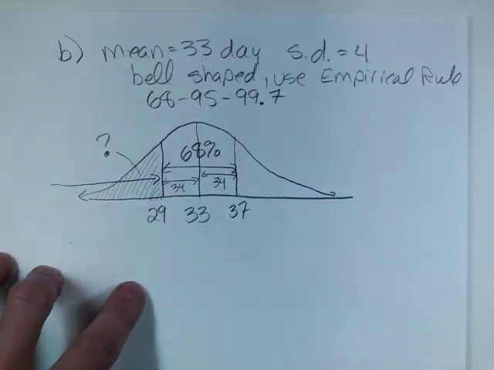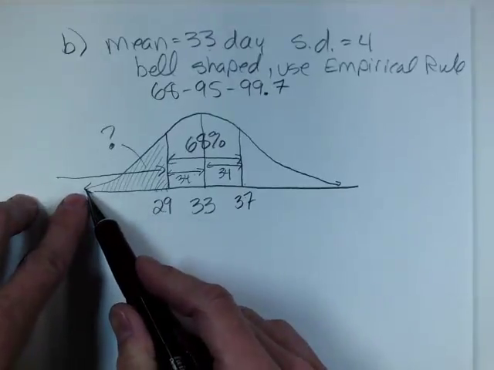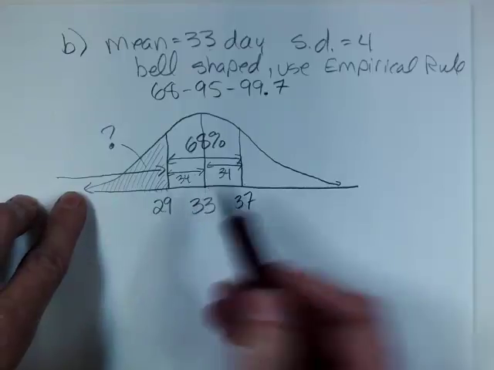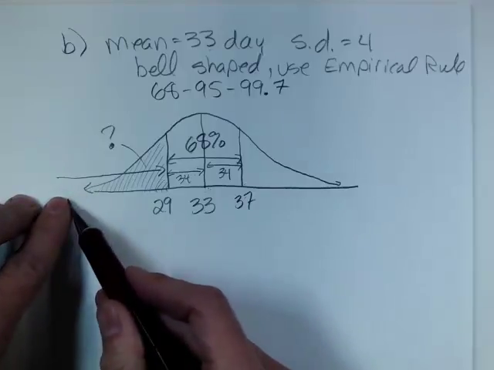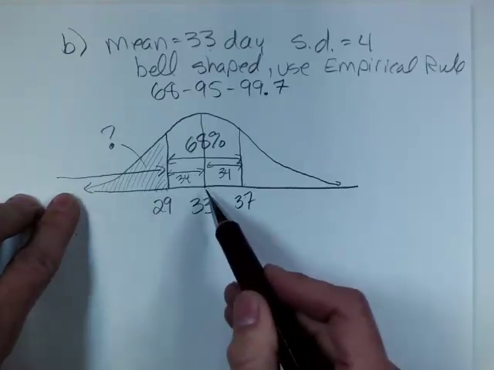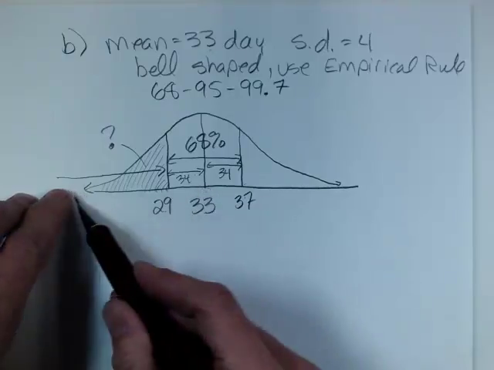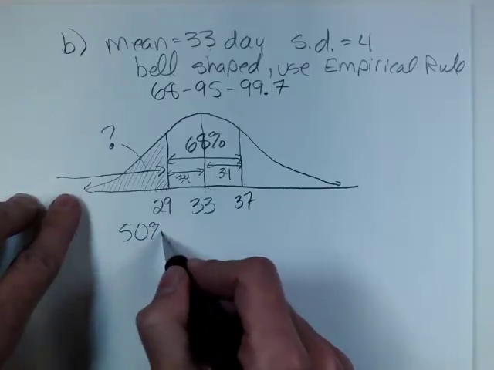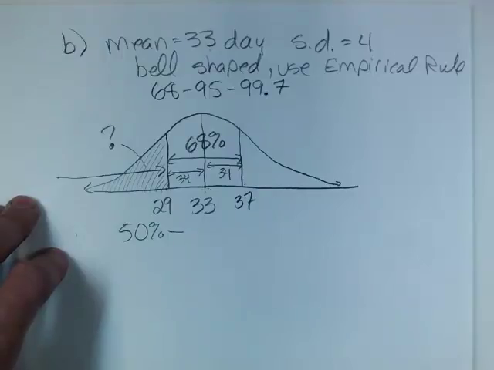Does that make sense? Given that half of the data falls from negative infinity, even though that doesn't make sense in the context of the problem, technically this goes on forever in the negative direction. So I have 50% falling all the way from the left up to 33. I'm going to take 50% and subtract out the portion I don't want.